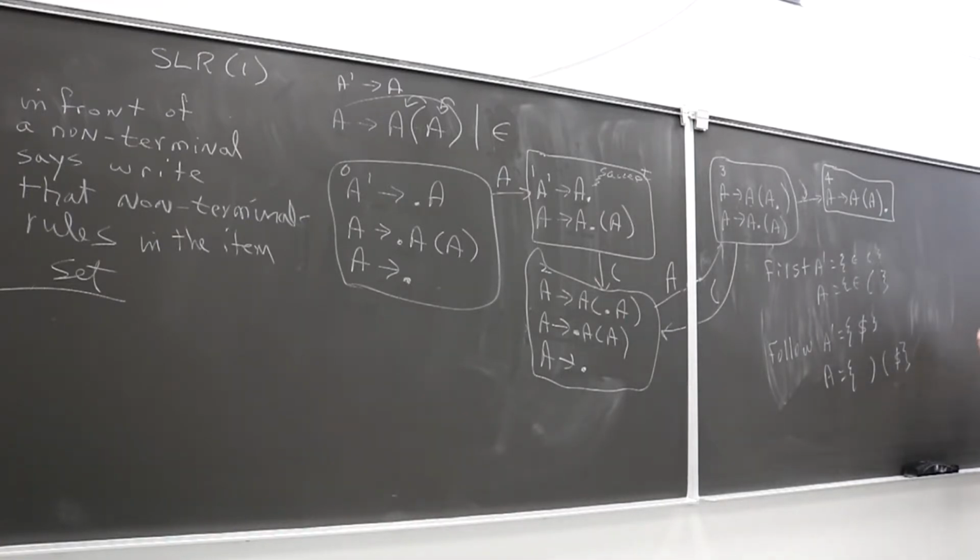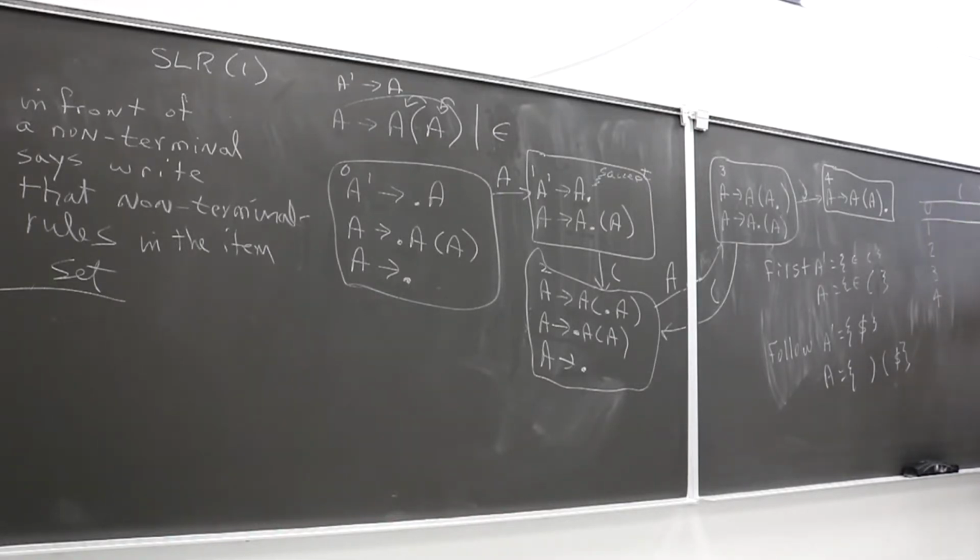And so the table is built with item set numbers as row labels and grammar symbols as column labels. And so this is the construction of this table.